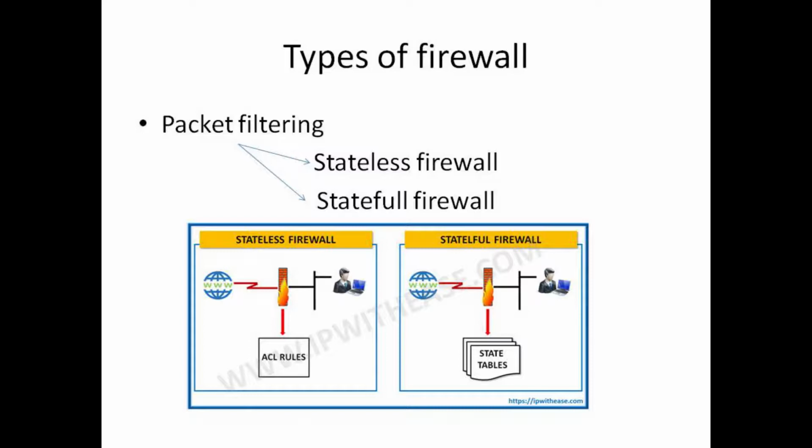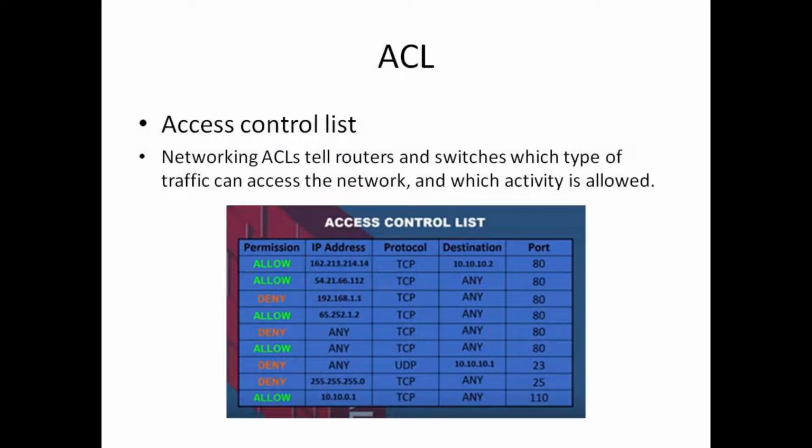We can classify packet filtering into two types: stateless and stateful. Stateless works on the access control list. The ACL contains whitelisted IPs, blacklisted IPs, whitelisted ports, and blacklisted ports. Based on that, the firewall will allow or deny the traffic.